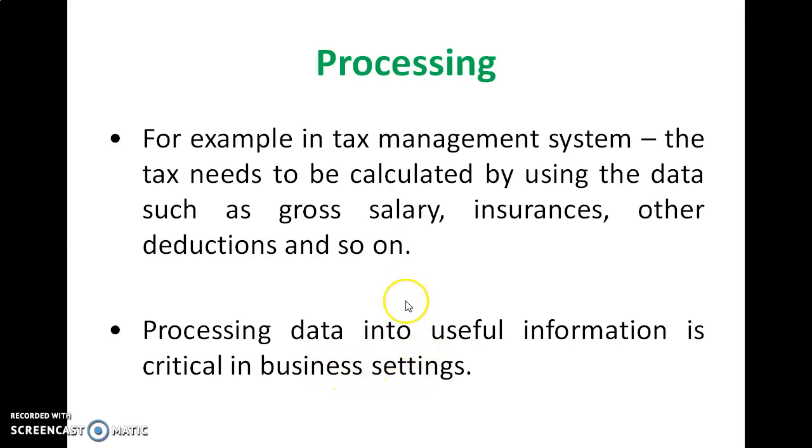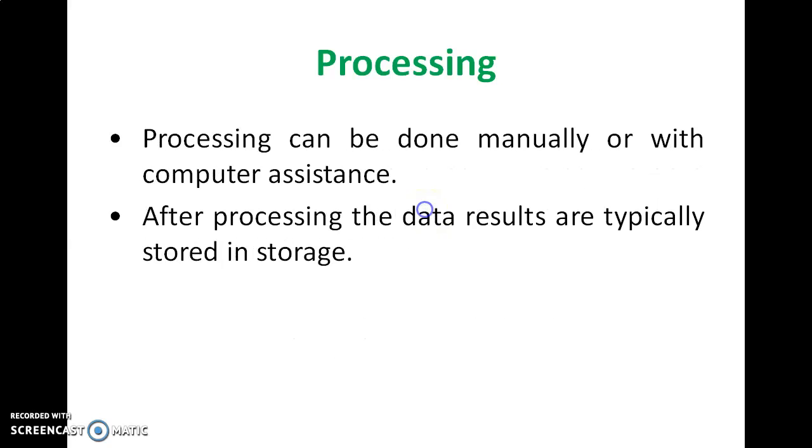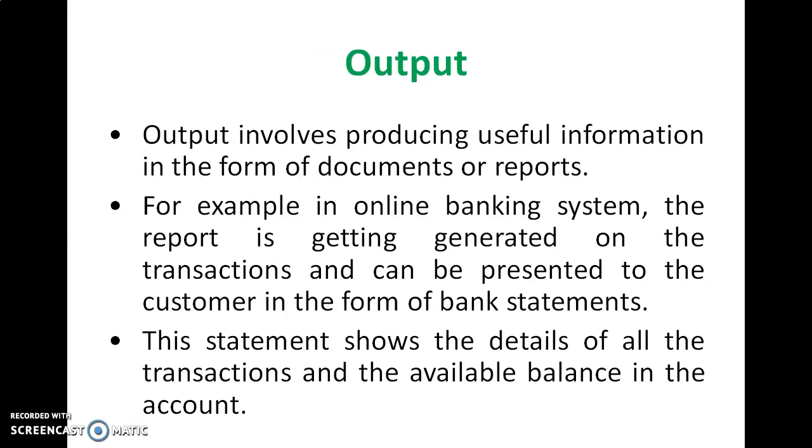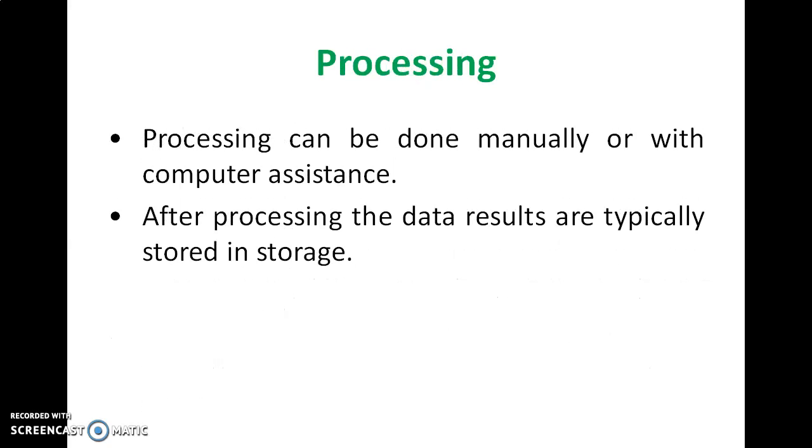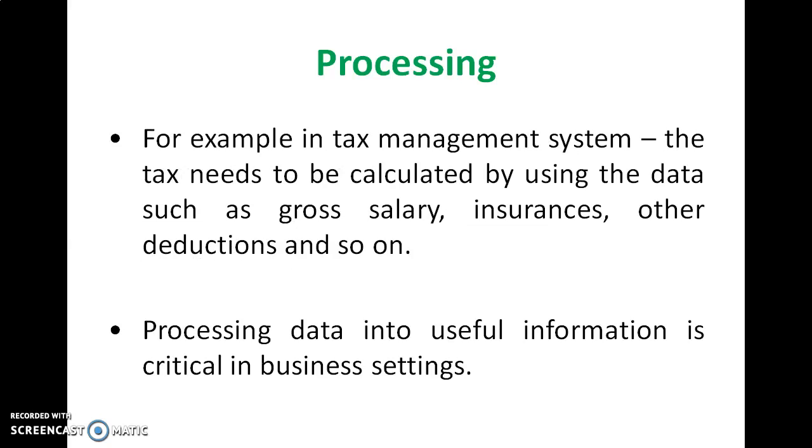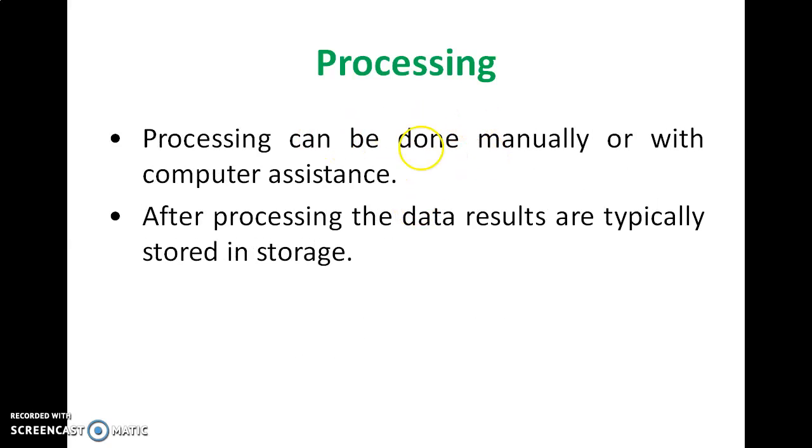So whatever input we have got, we have to process all the input and start getting the output. Processing can be done manually or with computer assistance. After processing the data, results are typically stored in storage.